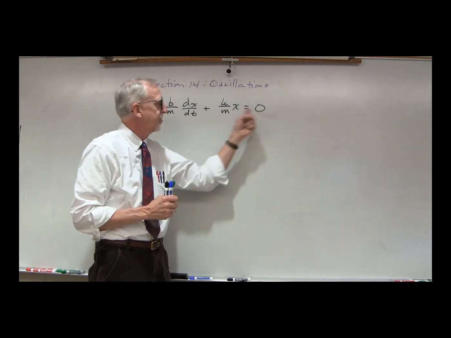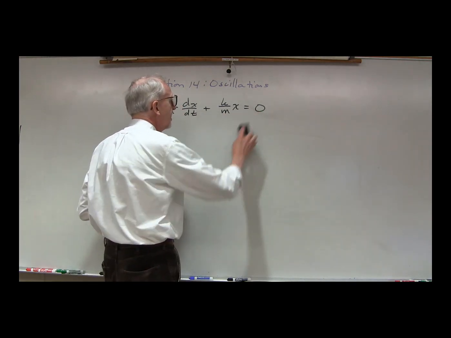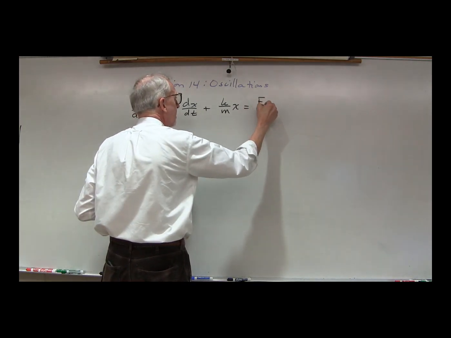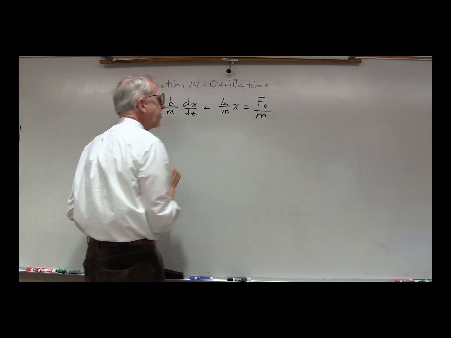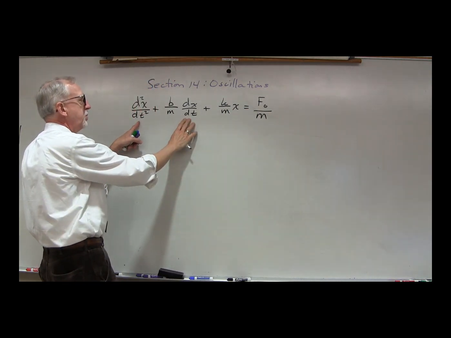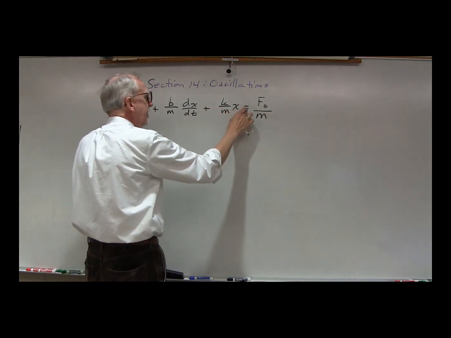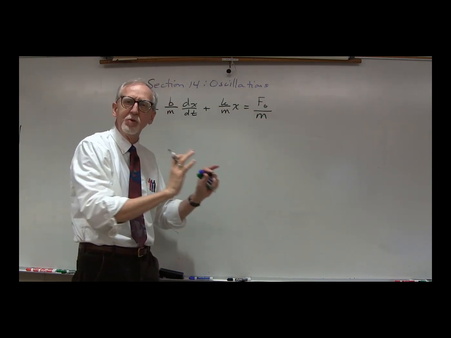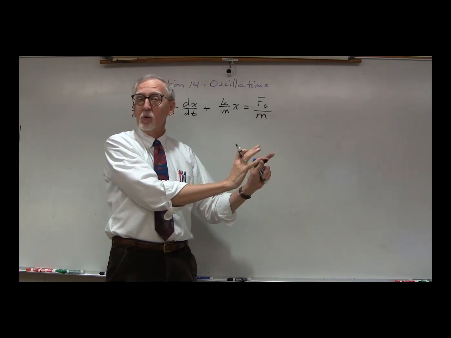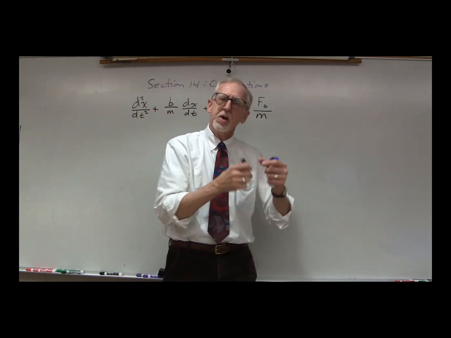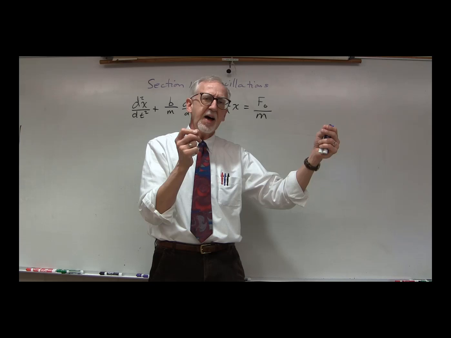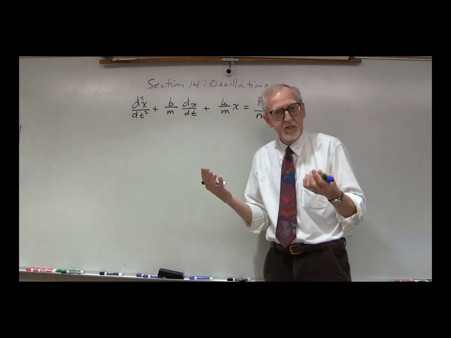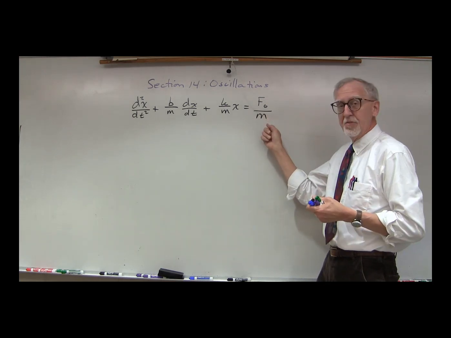Basically, in that case, you'd have some constant force f naught, divided by the mass. And in that case, these terms would be 0, and you would have k over m x equals f naught over m. In other words, kx equals f naught. Basically, you come to a situation where you're in equilibrium. With a mass on a spring, you've stretched the spring some constant value, and nothing is moving anymore. Okay, well, that's not very interesting. There's no oscillation.